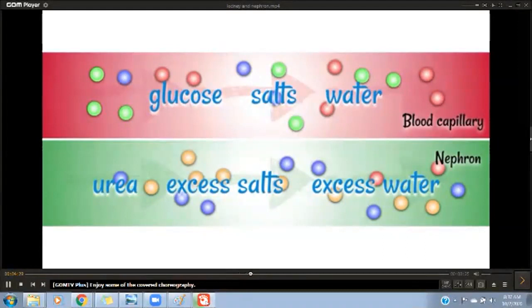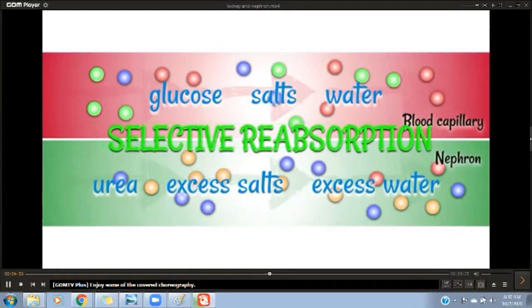Notice here that there is absolutely no glucose left in the nephron. Your body works really hard to get glucose into its system, and it's not going to lose any of it through the urine. Glucose may be present in urine, but it only happens if there is some sort of underlying medical condition that causes this. Now, this whole process of taking back the materials that are needed is known as selective reabsorption.